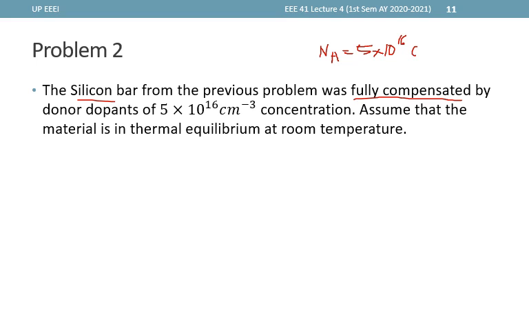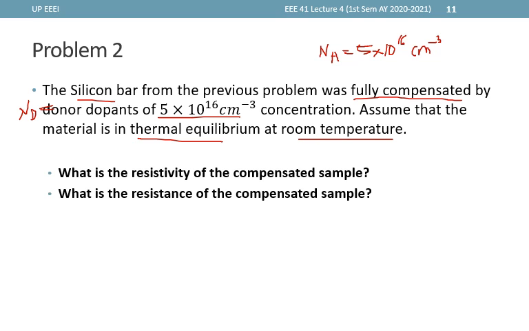But now, in addition to that, we have Nd is exactly equal to 5 times 10 raised to the 16. So that is what we call full compensation. Assume that the material is still in thermal equilibrium and at room temperature. So we are now asked, what is the resistivity of the compensated sample? And then what is the resistance of the compensated sample? So that is after adding Nd equal to Na.